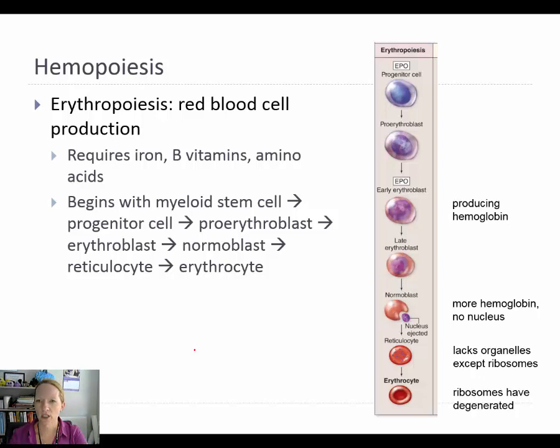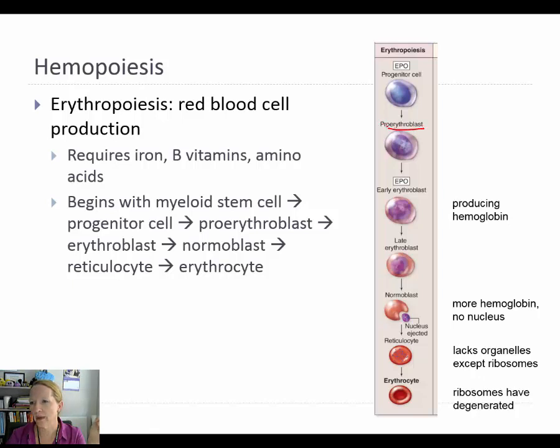Red blood cell production, of course, is going to require amino acids. We'll talk about why later on when we get into erythrocytes. It requires iron, B vitamins, specifically B12. But really what happens is that it comes from that myeloid stem cell, and then it's going to turn into these various different types of erythroblasts.